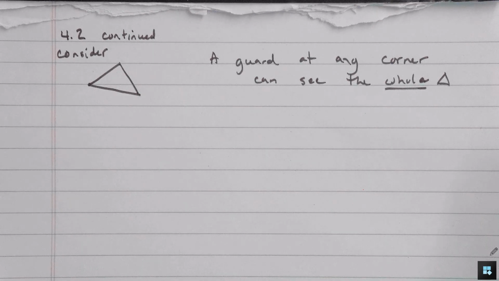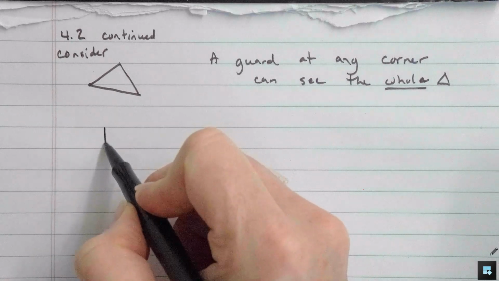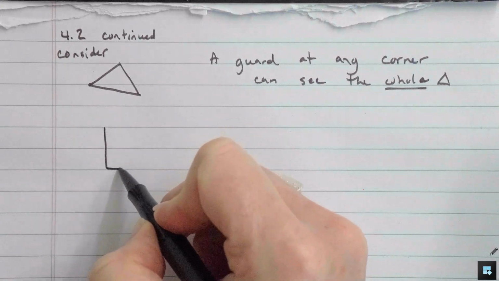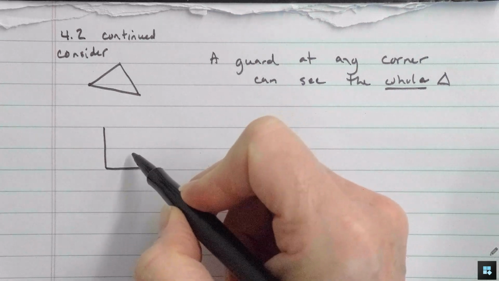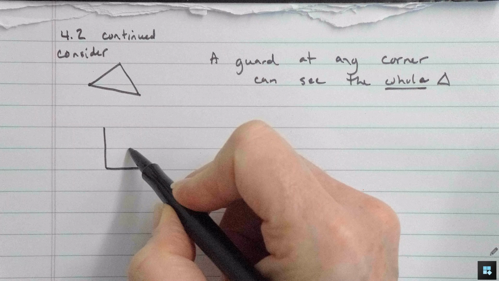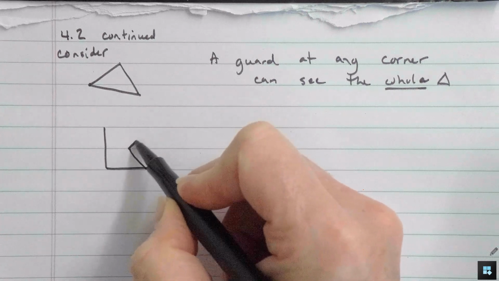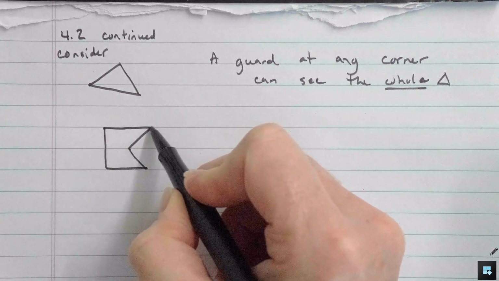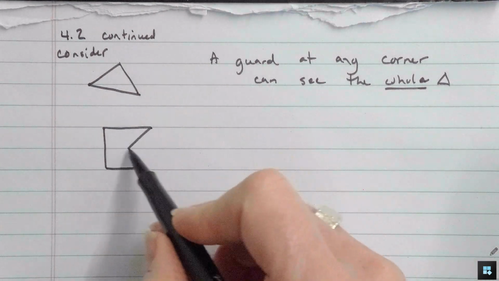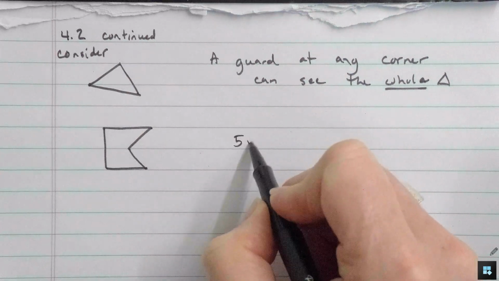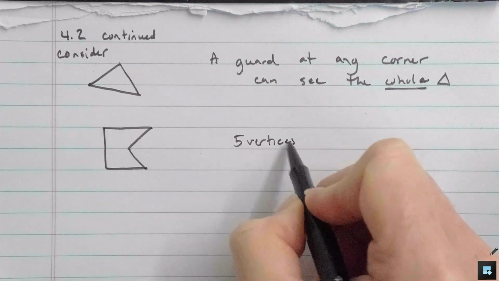So that's what Stephen Fisk based his proof on. We'll make just a little simpler example. We could have used a square, but a square is pretty simple too. So we'll go up to 5 sides, 5 vertices: 1, 2, 3, 4, 5.